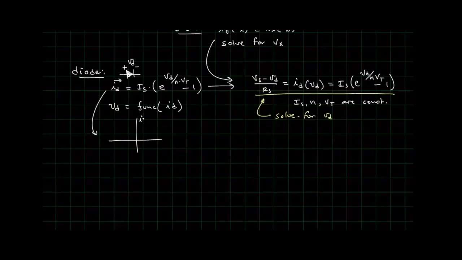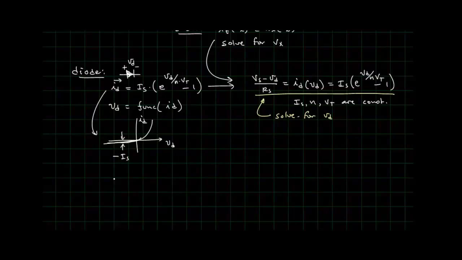If I plot ID versus VD, it's an exponential curve, and when VD is negative, this exponential term is going to go to 0, and you're going to be left with ID equal to minus IS.